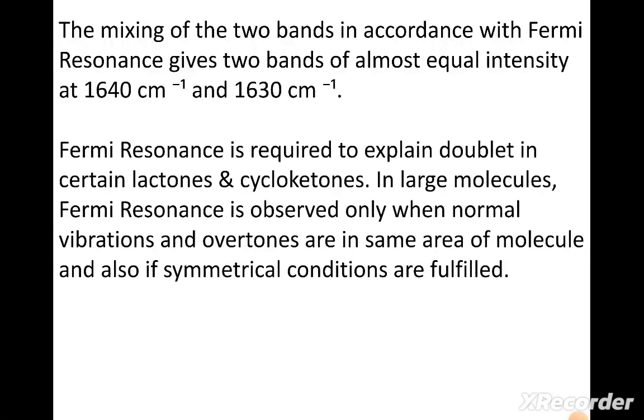Fermi resonance is required to explain doublets in certain lactones and cycloketones. In large molecules, Fermi resonance is observed only when normal vibrations and overtones are in the same area of the molecule, and also if symmetrical conditions are fulfilled.